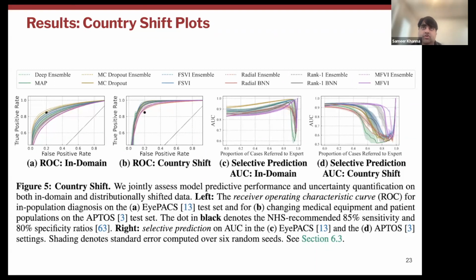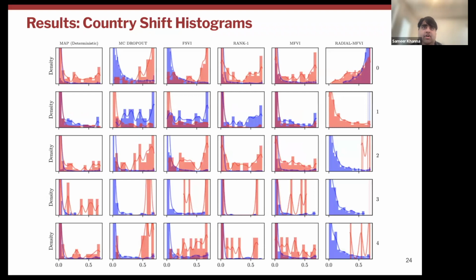If a practitioner were to only focus on the standard performance metrics, they might wrongly conclude that their models will perform well as a part of an automated diagnosis pipeline, which clearly is not the case here. The histogram plots for this country shift look vastly different than analogous plots for the severity shift that we saw earlier.